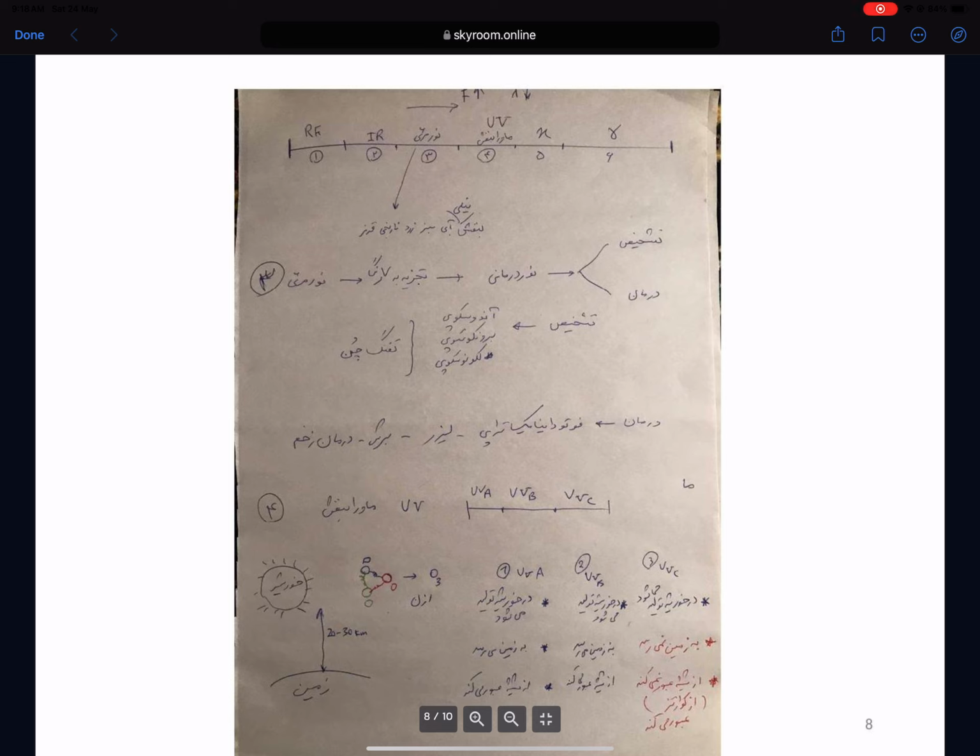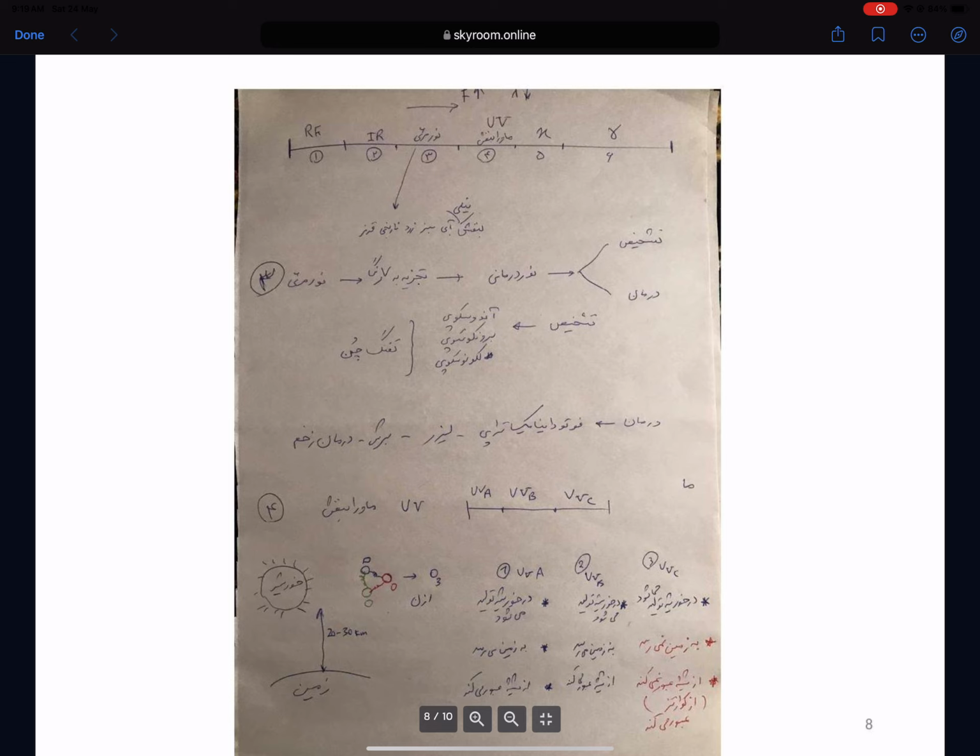In this album, we have specific categories, which start from the left with radio frequency or RF to the right with the gamma rays. Okay, I explained radio frequency and infrared, the first and second region. Now I want to talk about the third region, which is called ultraviolet or UV.